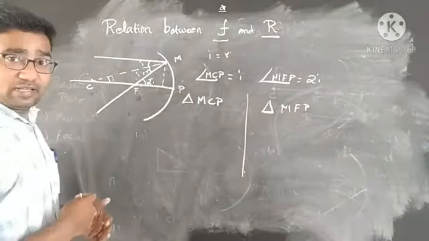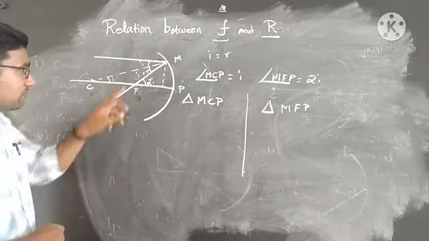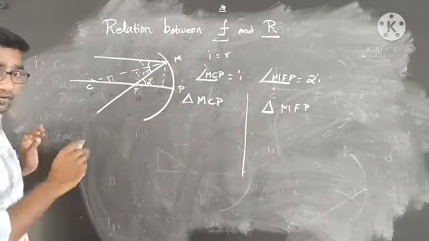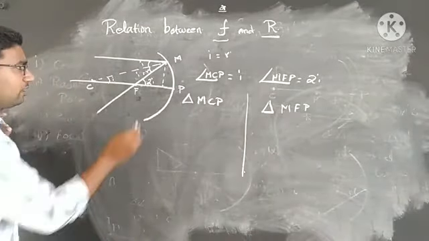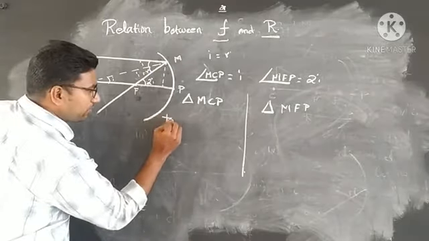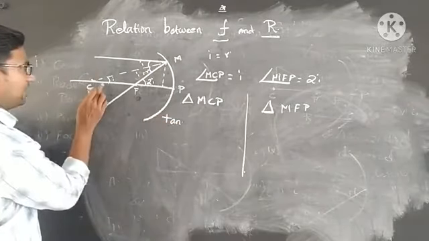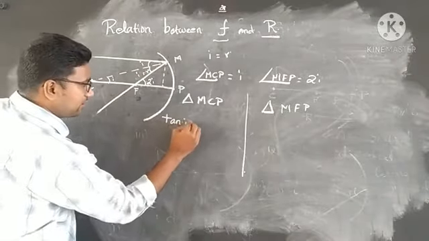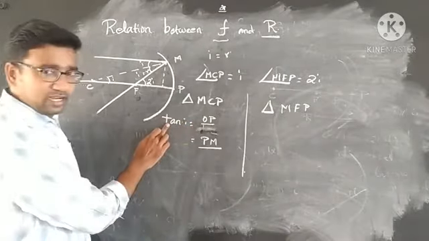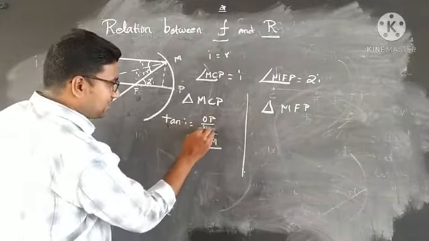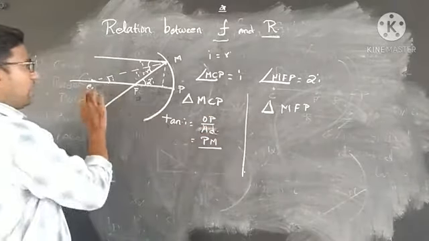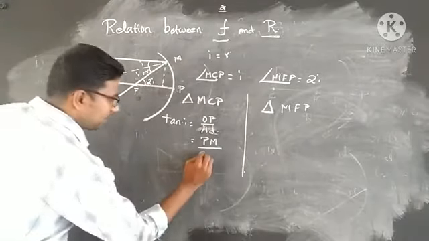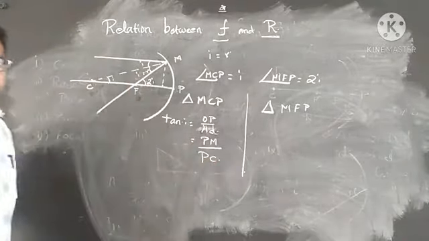Now let me discuss the values of MCP and MFP. By solving in a trigonometric manner, let me take the tan component. In the right angle triangle MCP, tan of I equals opposite side by adjacent side. The opposite side is PM, the adjacent side is PC. Okay students, PC.